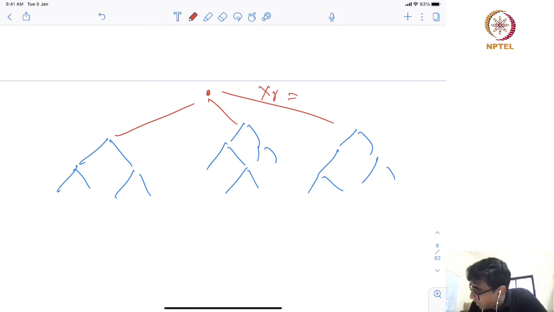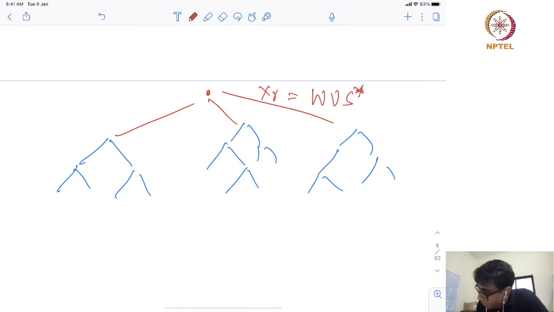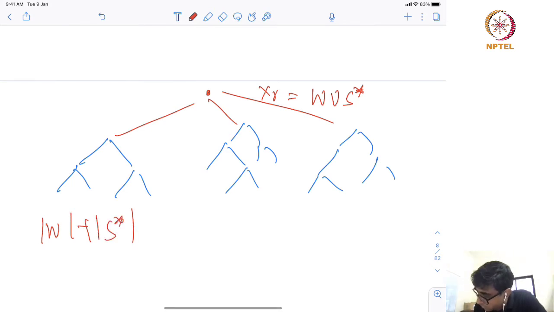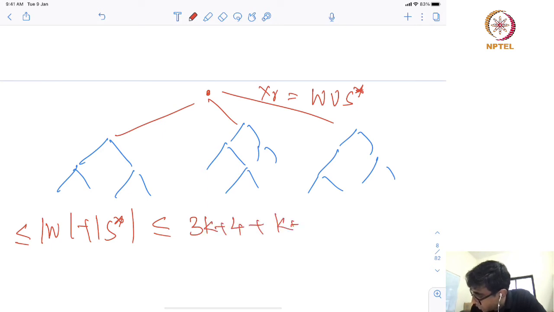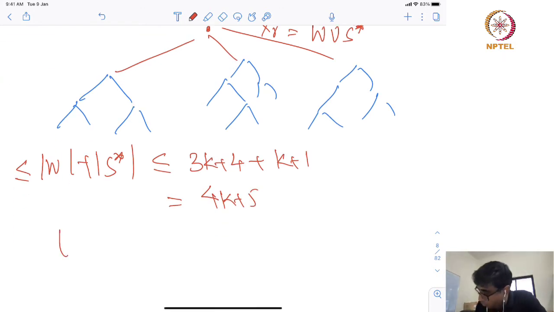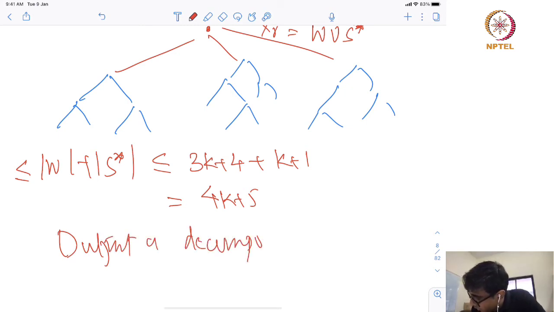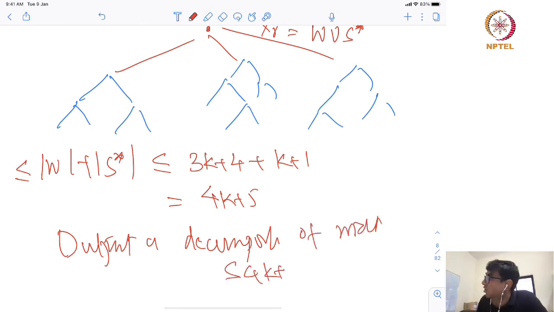We assigned x of r as W union S star, and this is why the width of the tree decomposition of this algorithm is upper bounded by cardinality W plus cardinality S star, which is 3k plus 4 plus k plus 1, which is 4k plus 5. Okay, and hence we have been able to output a decomposition of width at most 4k plus 4.